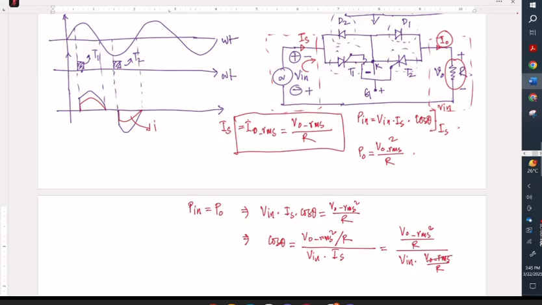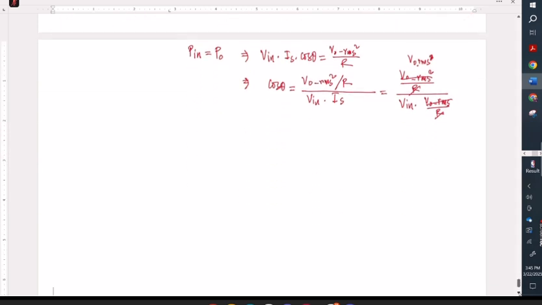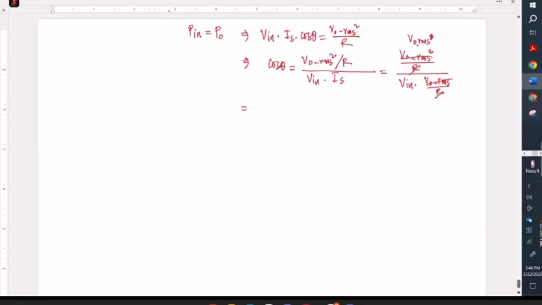So if I cancel this down, it should be simply V naught RMS, and R will cancel out. So we can write cos theta equals V naught RMS over V in.